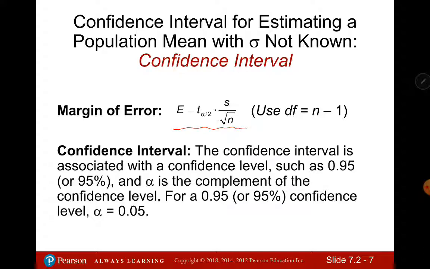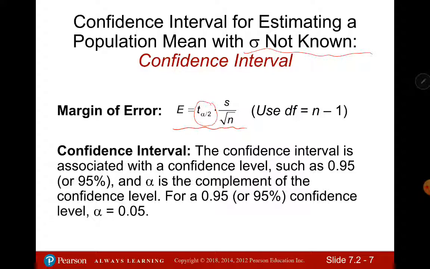But how can we get the margin of error? We need to use this formula for the case where sigma is not known. Then we have a new notation here, called t sub half alpha. Make sure you understand, it's not z.